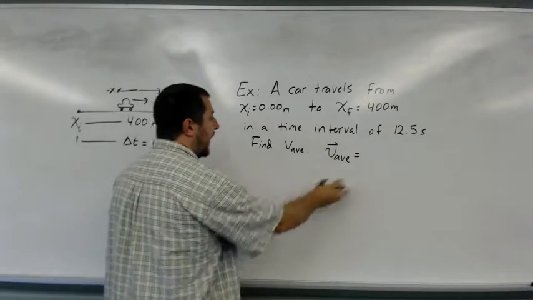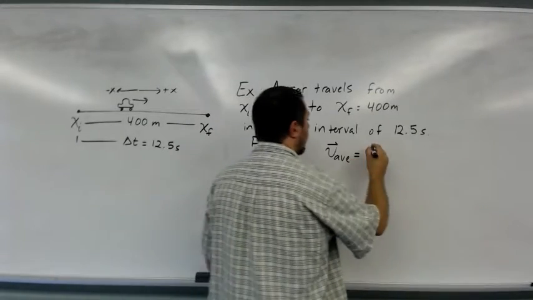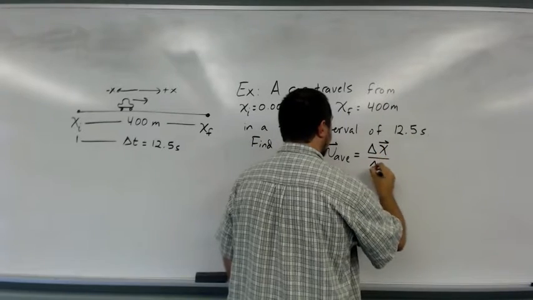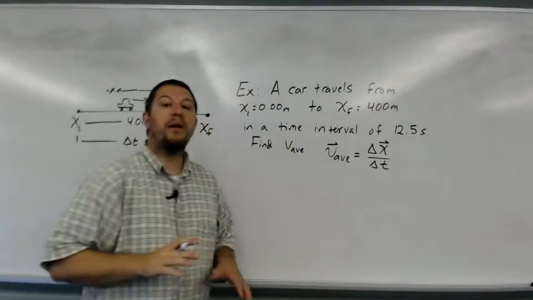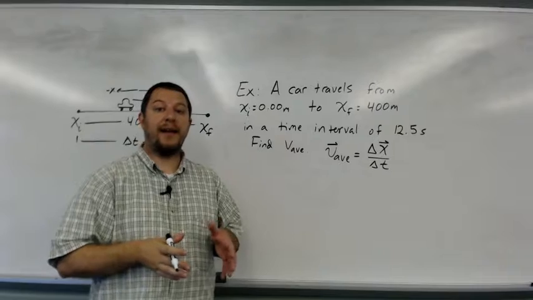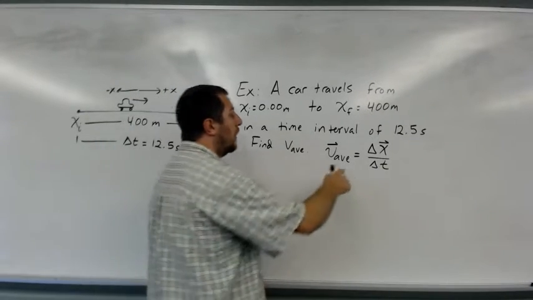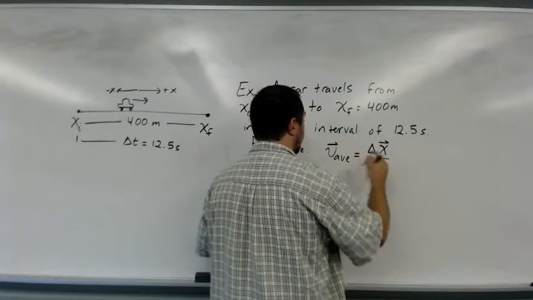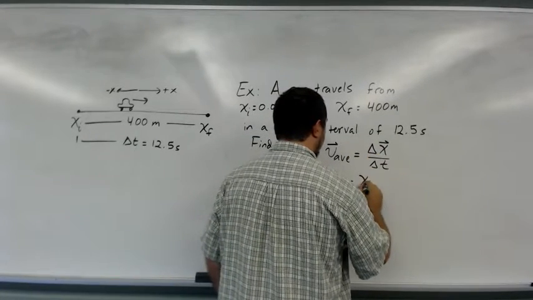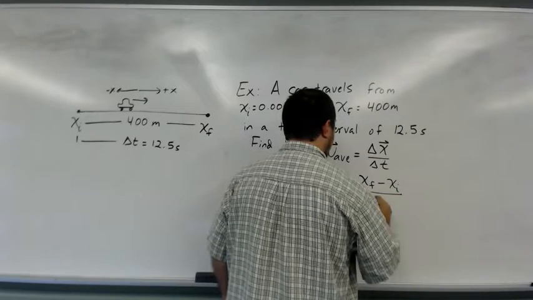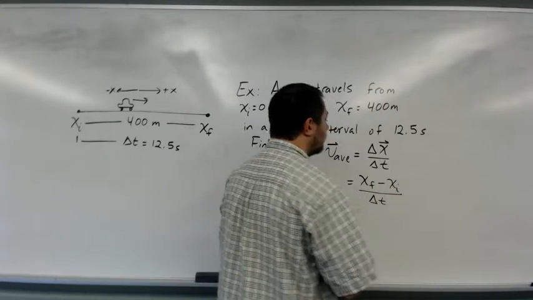So the average, remember, is delta x over delta t, and remember what delta x means. Delta x is the change in, or the final minus the initial. So when I take the change in position, this is going to be my final position minus my initial position, and I'm going to divide that by the time interval.